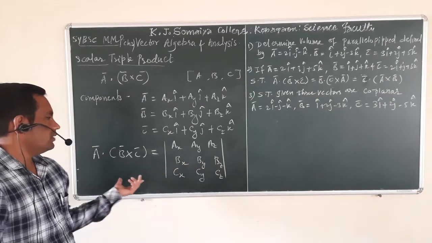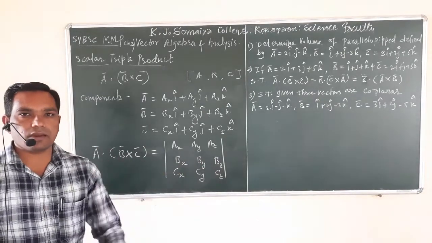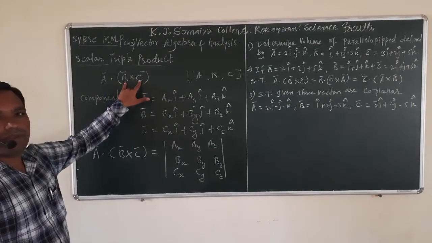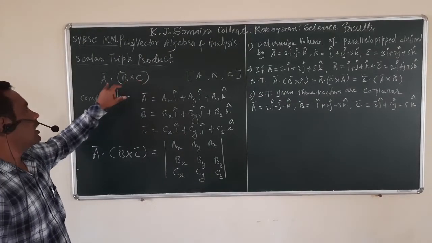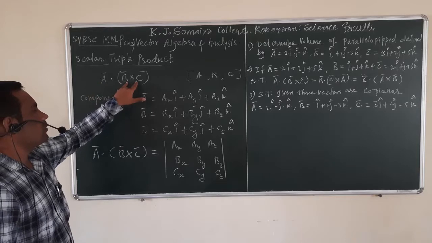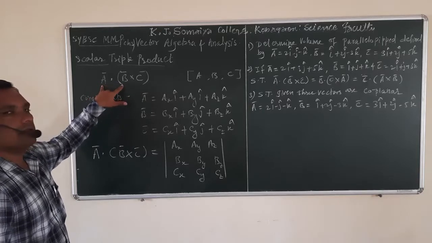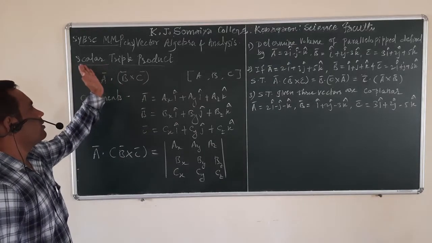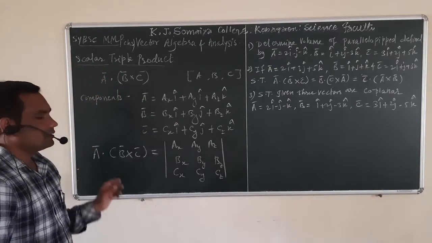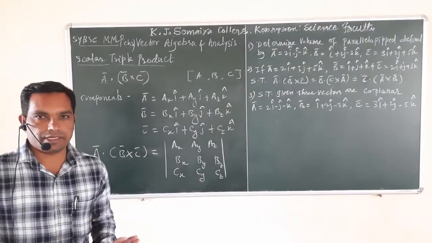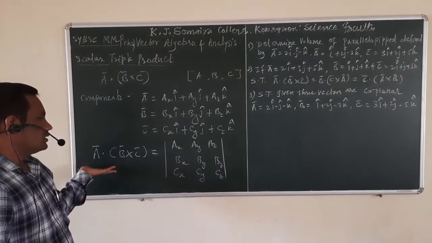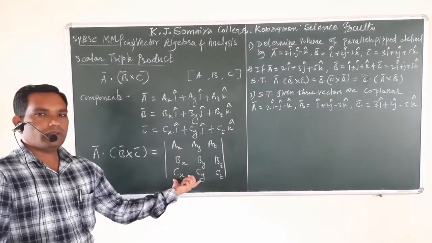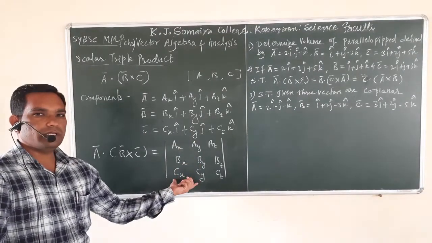By solving this we get resultant quantity as a scalar quantity. Okay, so remember B cross C is a vector quantity, and if we take dot product of this vector and this vector, then dot product is a scalar quantity. So, by multiplying three vectors we get resultant quantity as a scalar quantity. Okay, so in this way we can find out rectangular components of scalar triple product of three vectors.